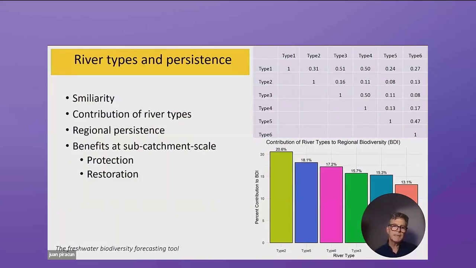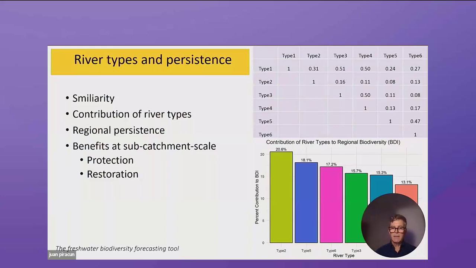So we use this information to generate a similarity matrix, which allows us to calculate the contribution of each river type to regional biodiversity.